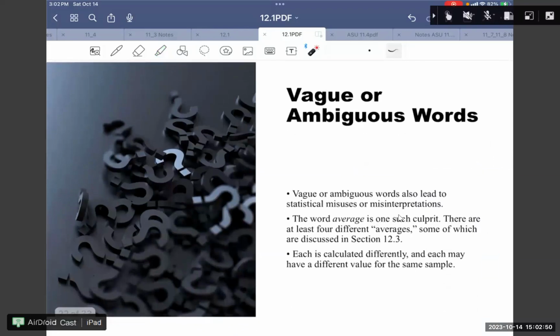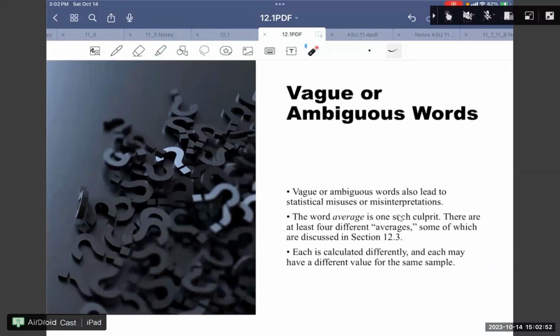Vague and ambiguous words can also lead to statistical misinterpretation. The word average is one such example.